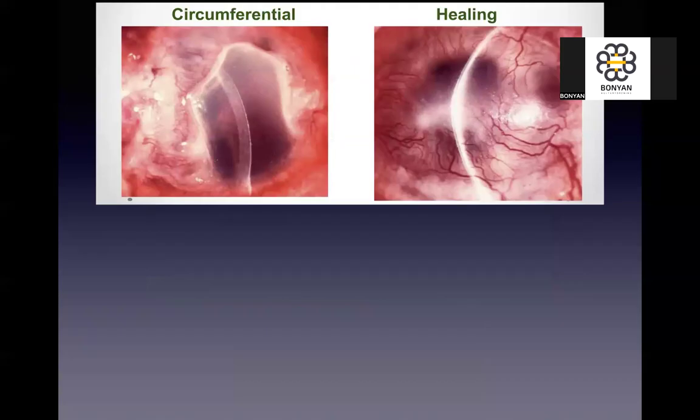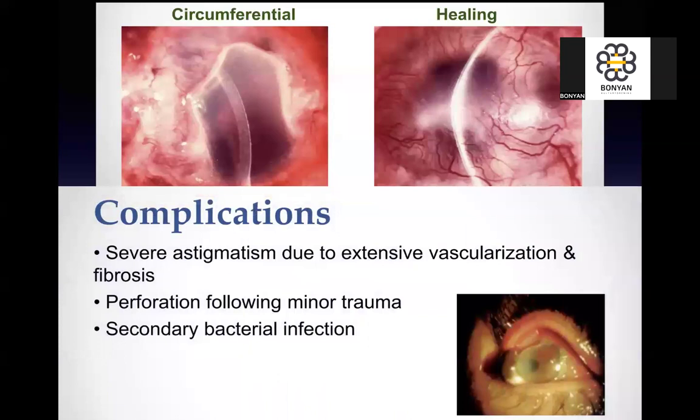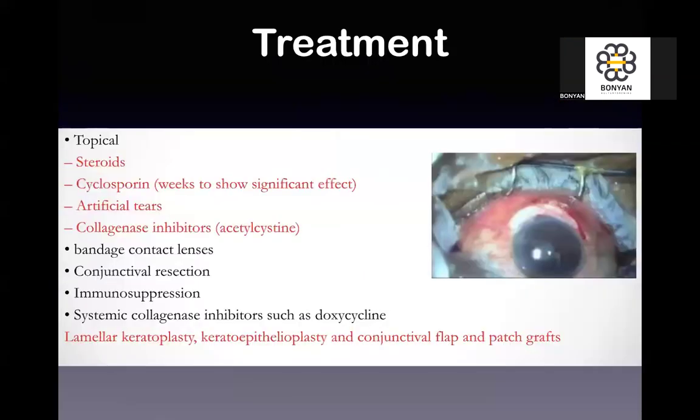It's very devastating, a very difficult situation, which is intractable for treatments. Complications: severe astigmatism due to extensive vascularization and fibrosis, perforation following minor trauma, secondary bacterial infection may happen after.